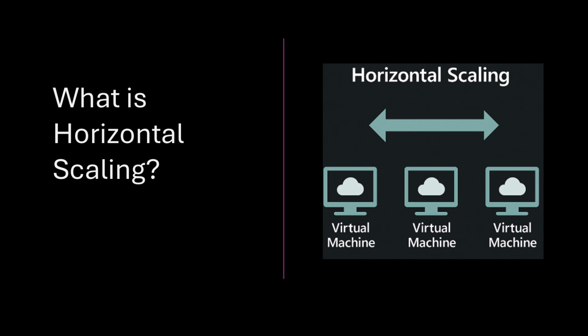Horizontal scaling, also referred to as scale out or scale in, is all about changing the number of virtual machines based on demand. Instead of upgrading a single VM, you add more VMs to handle increased workload. When demand drops, you can scale in by removing those extra instances.